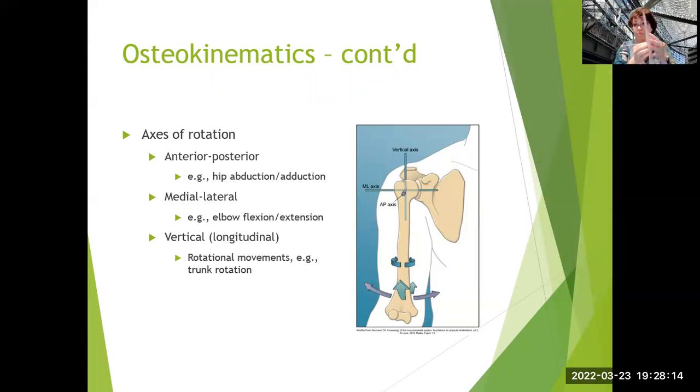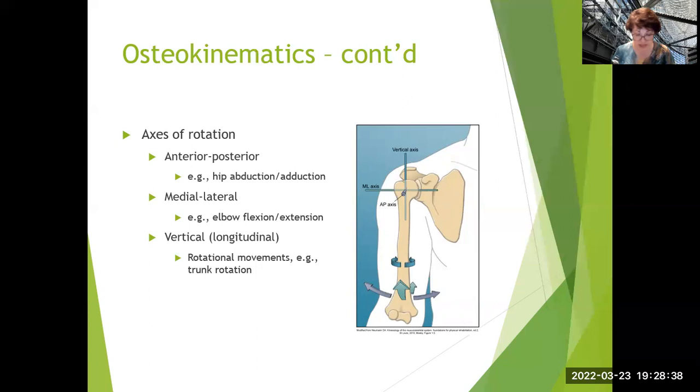So take a piece of paper, poke a pen or pencil or knitting needle through it, and practice your planes and axes. So if you're in the sagittal plane, it's the medial lateral axis, frontal plane, anterior posterior axis, horizontal plane, and vertical or longitudinal axis. So a piece of paper really elucidates that quite well.